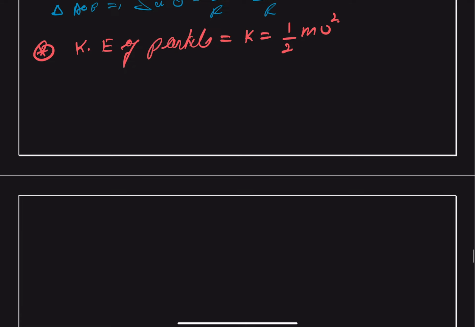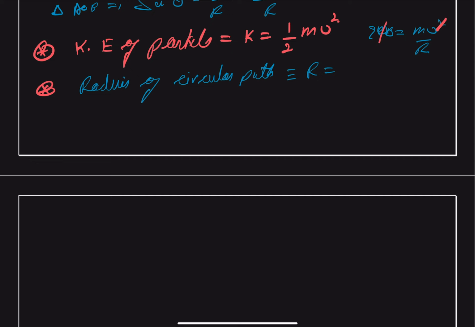Or we can directly write that the radius of circular path is our R. This will be equal to, we can write that QvB will be equal to mv square upon R. Here velocity goes with velocity, and this gives us that the radius R will be equal to mv divided by QB.